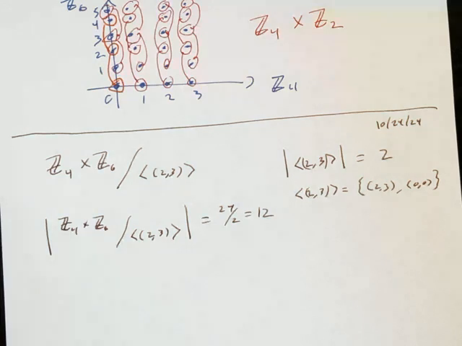There's a problem here. I know this group is abelian. This is abelian and this is abelian. All of my actions here are abelian. How many possible groups of order 12 are there?